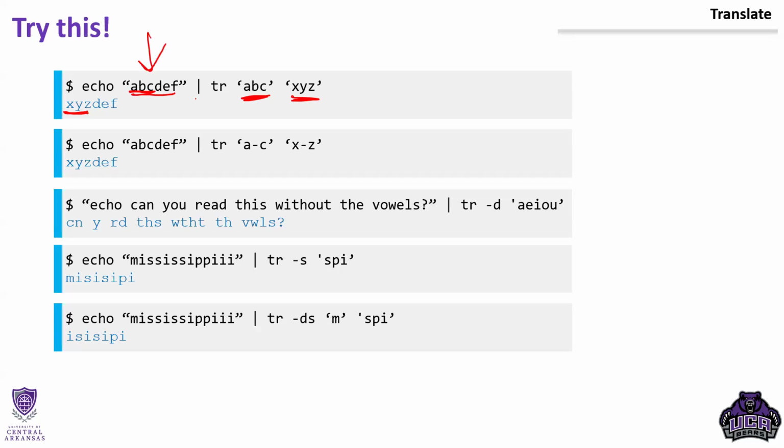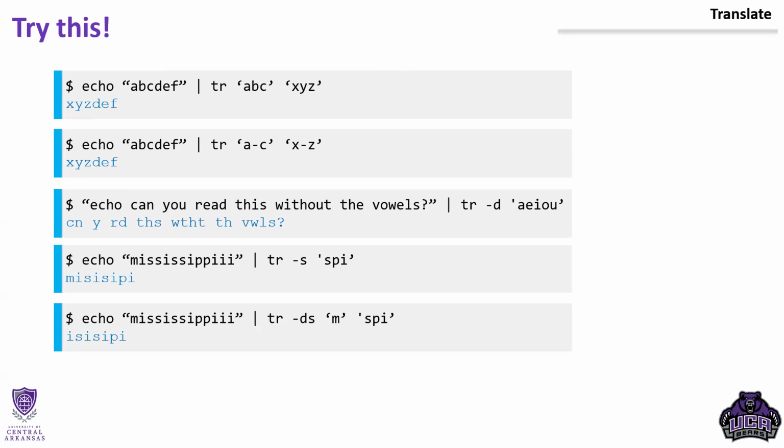It requires that you either have an echo and then pipe the contents to TR, or, if we saw the redirection operator, if you had a file that you wanted to redirect and send to TR, let's just pretend this isn't here and we had TR, and let's say we had a file that had these contents, and we would redirect the file like this to TR right there. So that's another way of doing it.